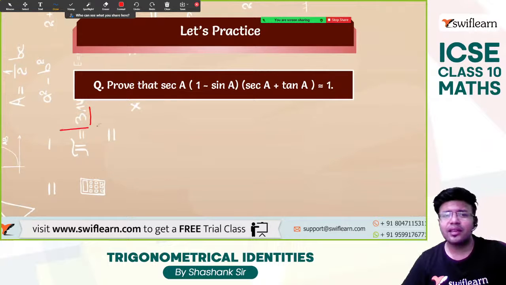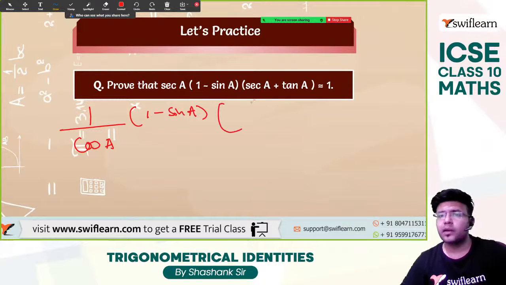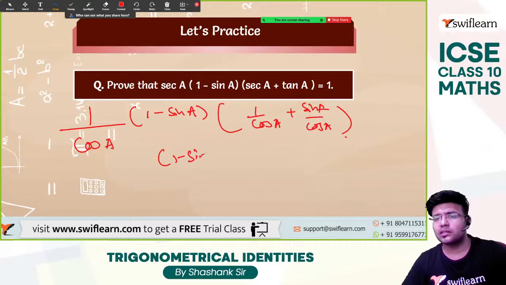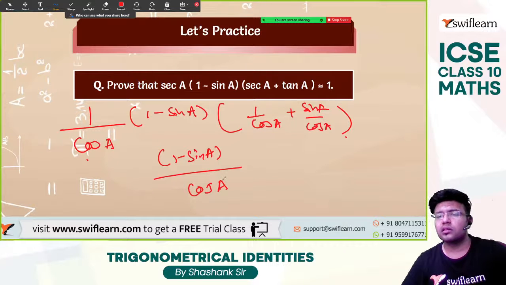So sec A is 1 by cos A, 1 minus sine A, 1 by cos A plus sine A by cos A. Now the LCM of this is cos A. So we have 1 minus sine A divided by cos A, and this is 1 plus sine A divided by cos A.